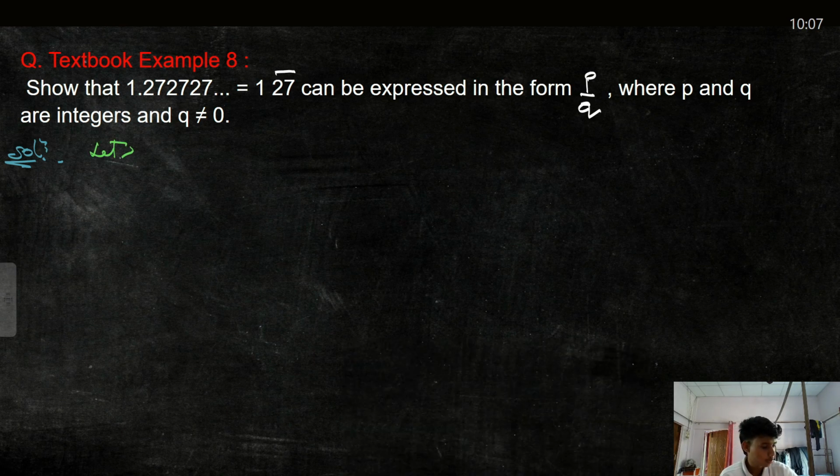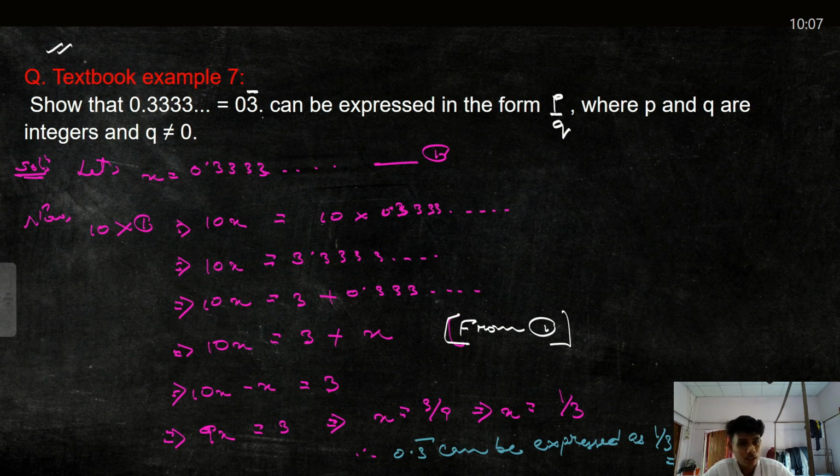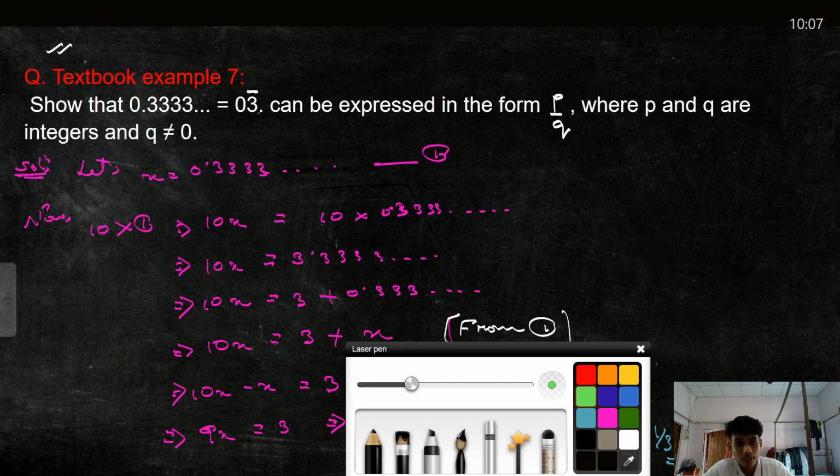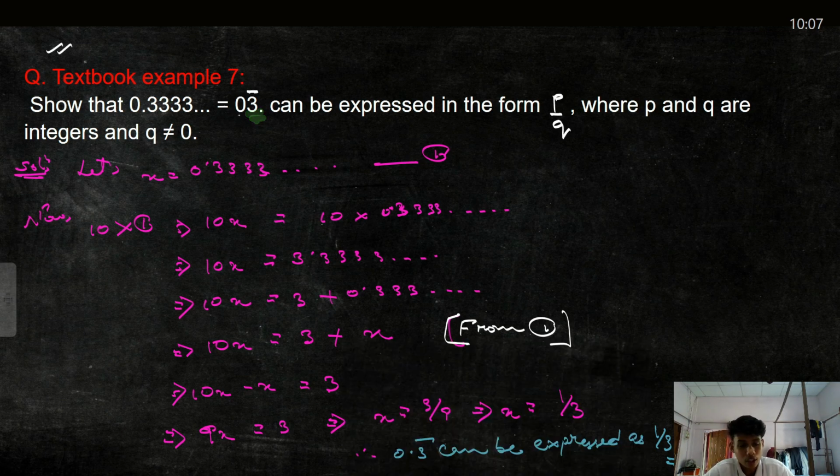Again, we'll do it in a similar way. Let x be 1.272727 dot dot dot. Earlier, after the decimal only one number kept repeating itself, hence we multiplied the whole equation with 10.